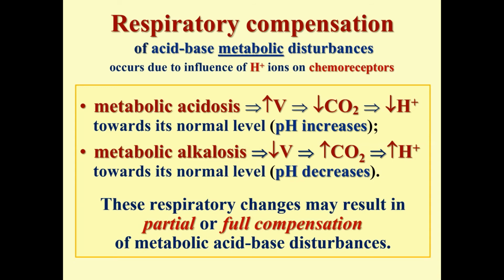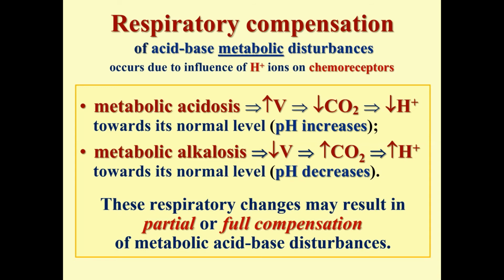But this compensation concerns only the pH value. The change of CO2 as compared to norm remains. So if pH is perfectly normal, but you see that there is decreased CO2, less than normal, it shows that there is respiratory compensation of a metabolic disorder.